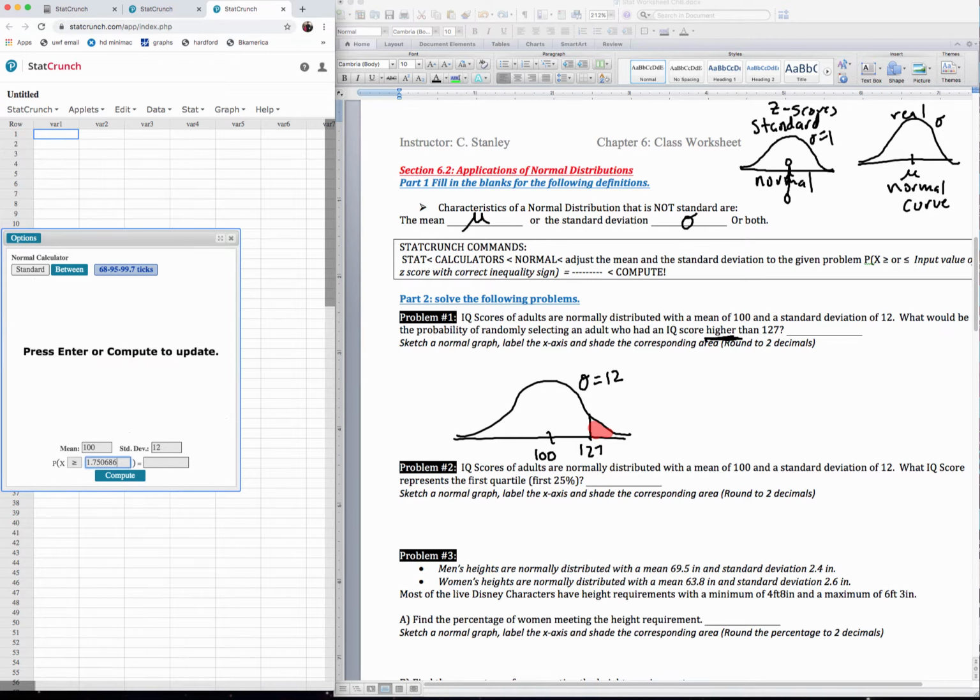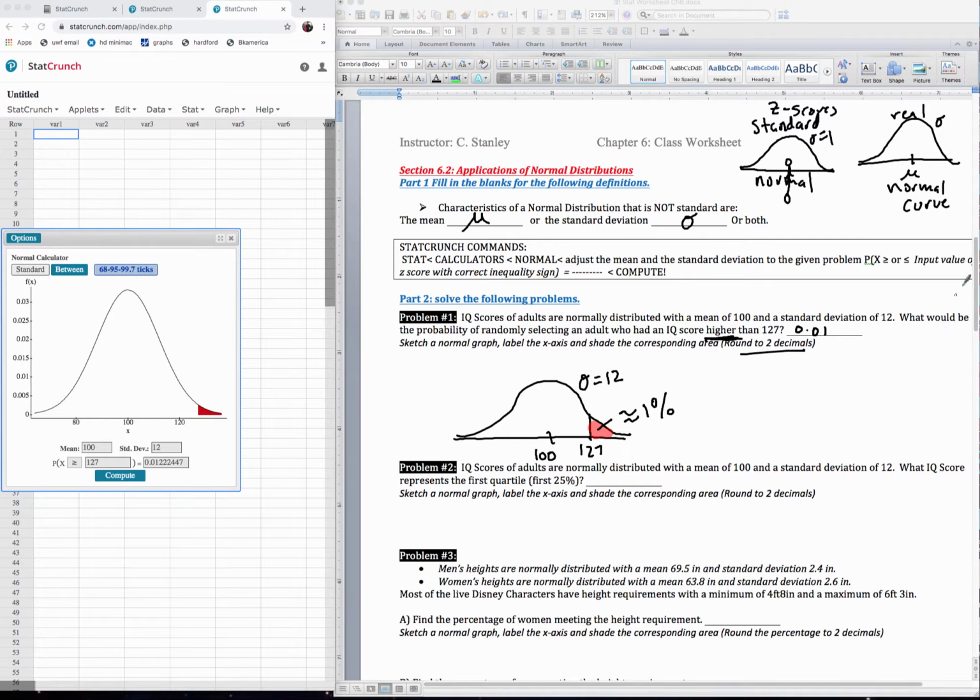Now I just have to put 127 here, and compute. 0.01. So it's 2 decimals. What that means is this little shade is around 1%. So 1% of the people have IQs greater than 127.